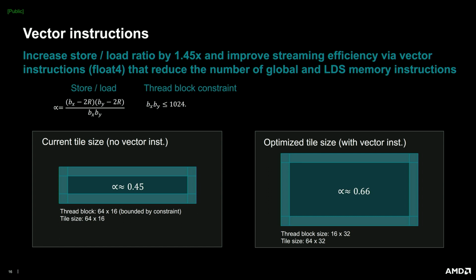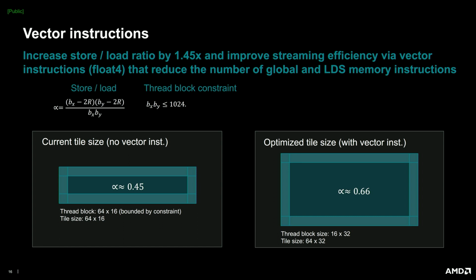So instead of 32-bit, you can go all the way up to 128-bit by using float4 instructions. Now, the trade-off is you start using more vector registers and more LDS, so you might not get a perfect scaling of a factor 4 here.